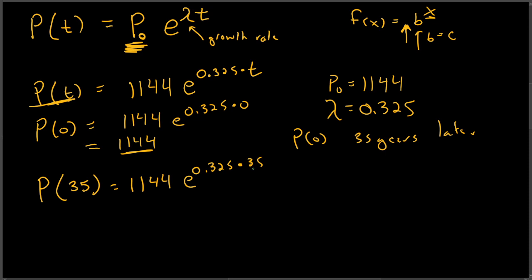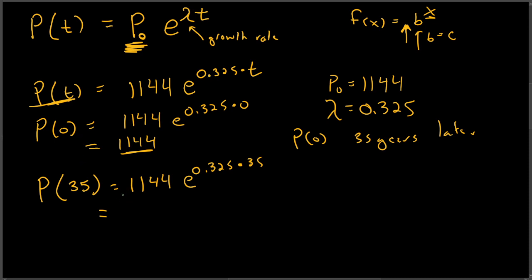And that says that this, sure, I'm close on that. Let's see. 35, 0.325. Oh, let me fix my percentage here. 0.325 is a 32% growth rate. Oh, let's put that in.